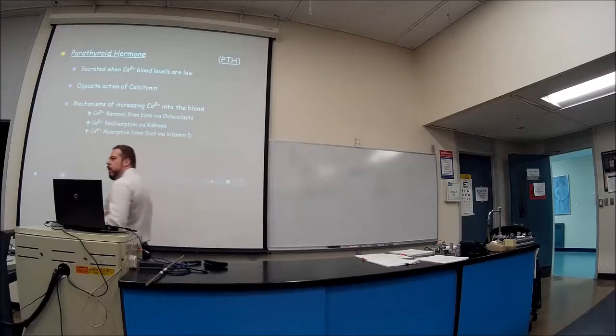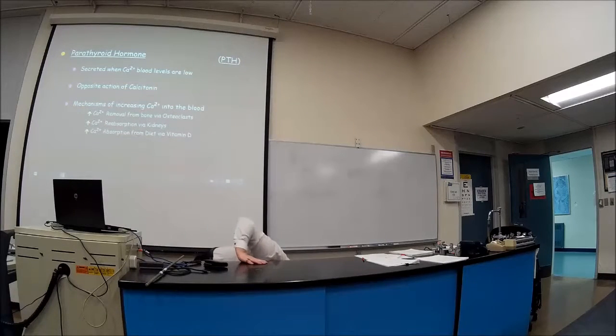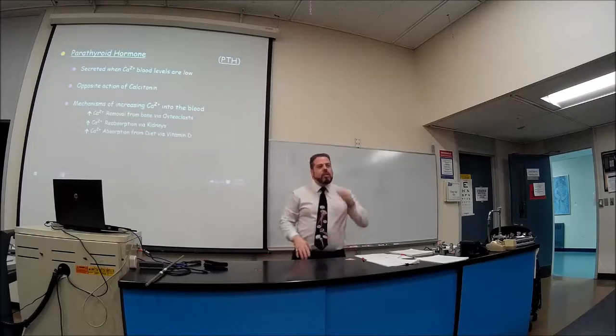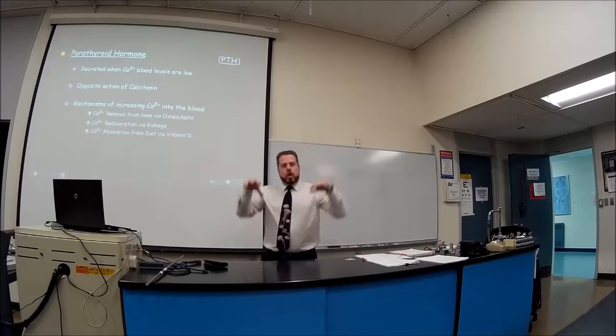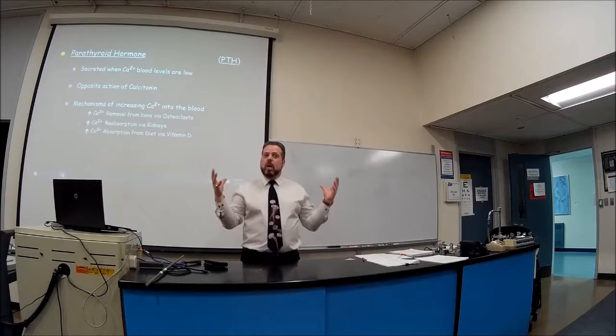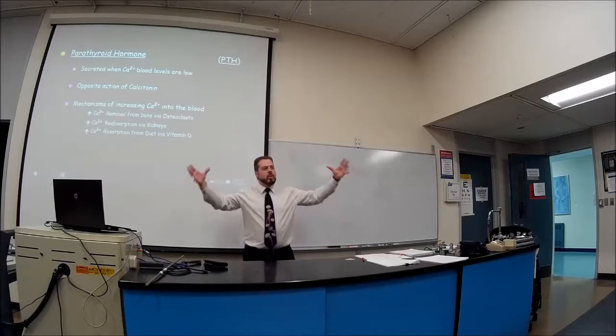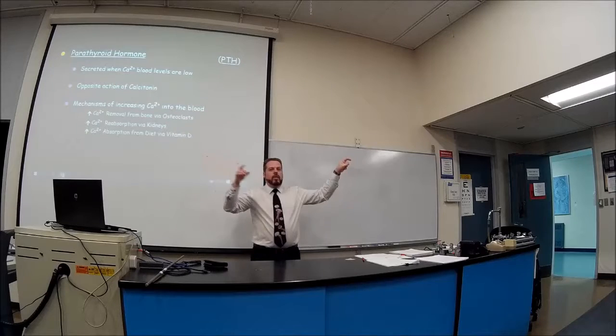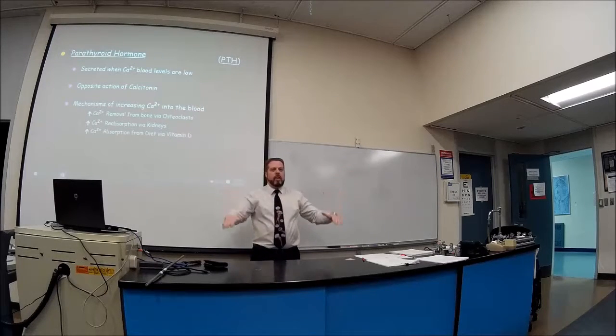Parathyroid hormone is going to do the opposite effect of calcitonin. Remember, calcitonin is going to tone down or decrease calcium levels when the calcium levels are high. So when calcium levels are high, that tells the thyroid to spit out calcitonin to tone it down.